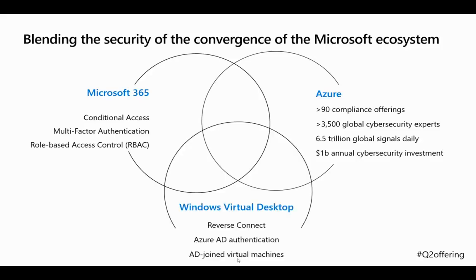And one more thing I'm going to talk about is WVD, that is Windows Virtual Desktop. That brings a perfect picture where combining all these three services helps you understand and gives more leverage to your work, and it is beneficial to adopt the modern work journey.